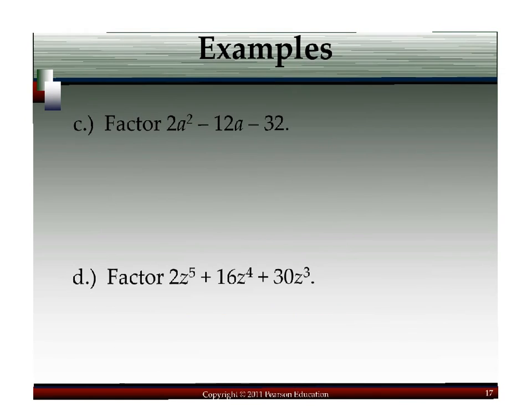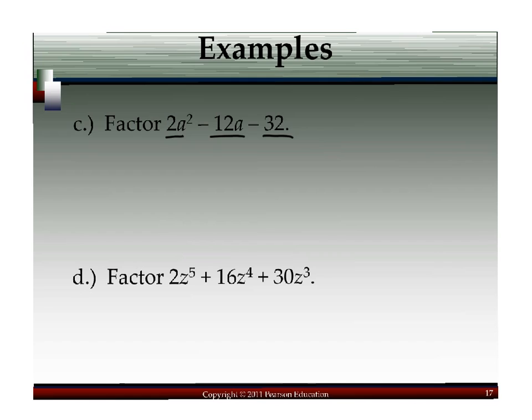Alright, so let's look at these and factor these examples here together. On this first one, what we need to do is check, first of all, can we factor out the greatest common factor, just like we did in the previous section in this video. Factor out that monomial first.